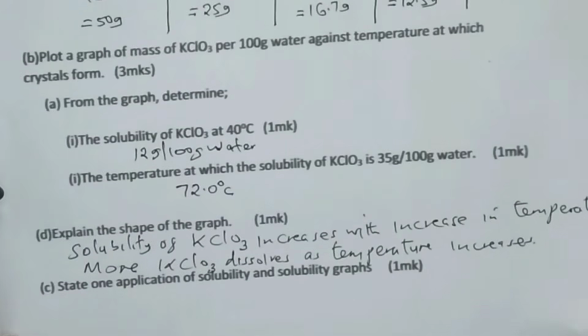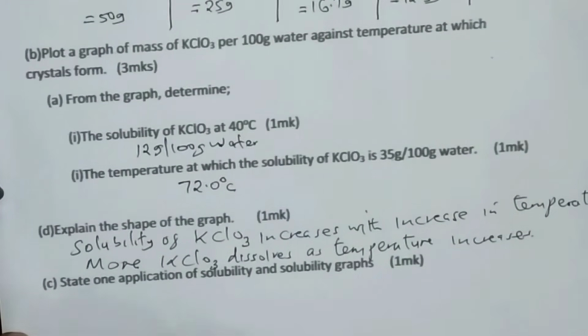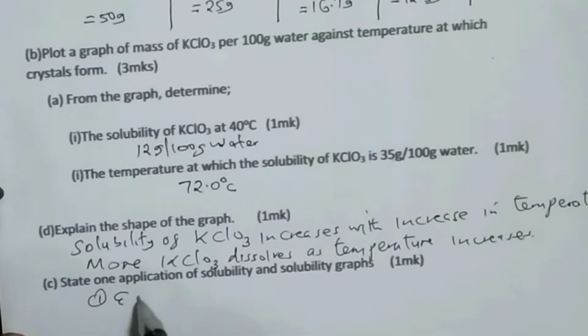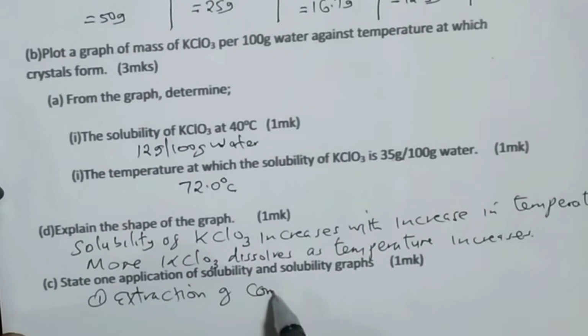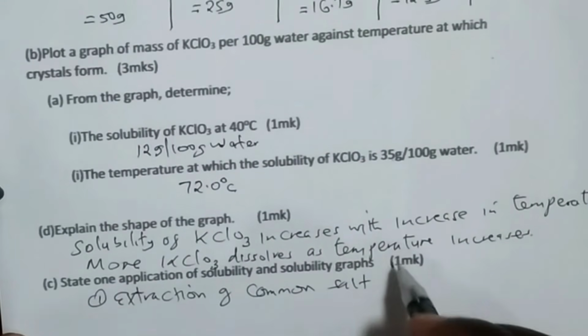Then the last part of this question, state one application of solubility and solubility curves or graphs. One of the uses of the knowledge of solubility is that it can be used for extraction of common salt from seawater.